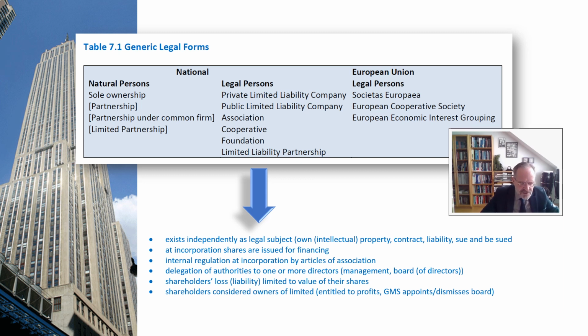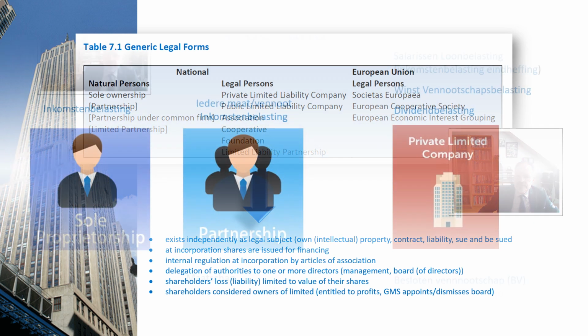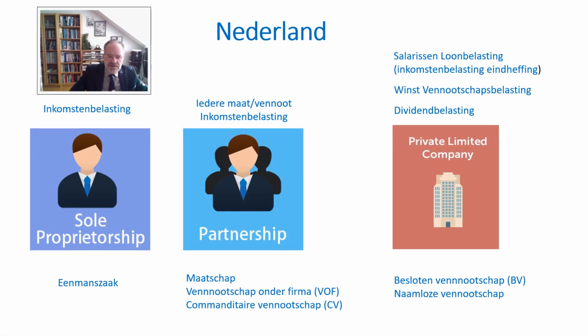Now, this is the overview. Forgive me, I will make a sidestep towards the Netherlands. This is in Dutch, but I'll explain it in English. The sole proprietorship is in Dutch named eenmanszaak.